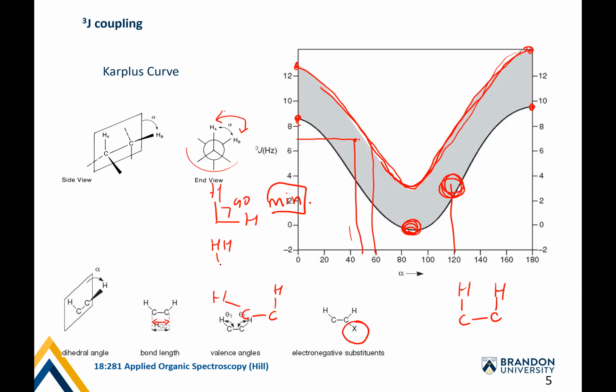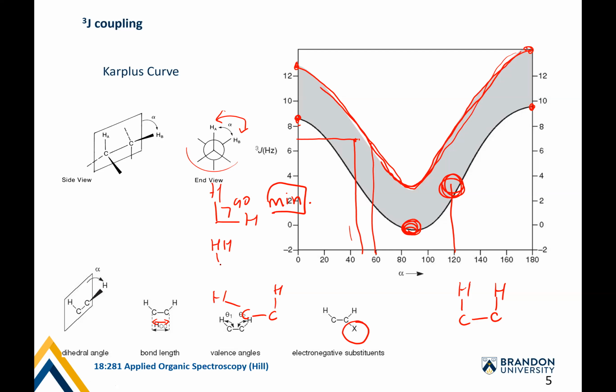Now as I said before, there is something called long-range coupling, and this happens a lot with double bonds, alkenes and alkynes. It's quite a common sort of thing with alkenes and alkynes.